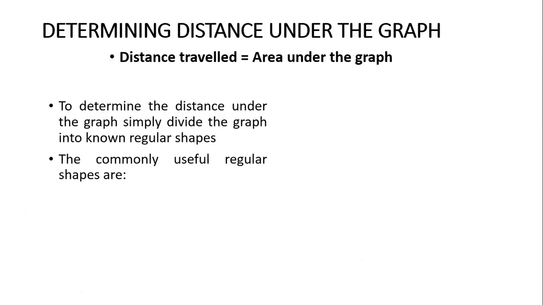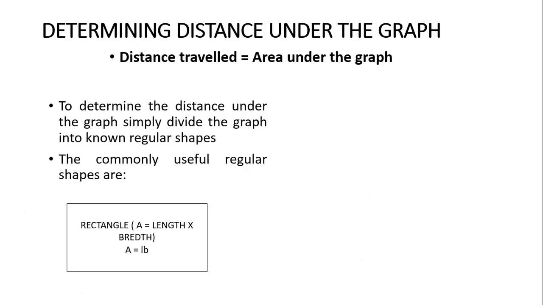Let us now look at determining the distance under the graph. Now, distance traveled is given by area under the graph. So to determine the distance under the graph, simply divide the graph into regular shapes. The commonly used regular shapes are, number one, the rectangle.